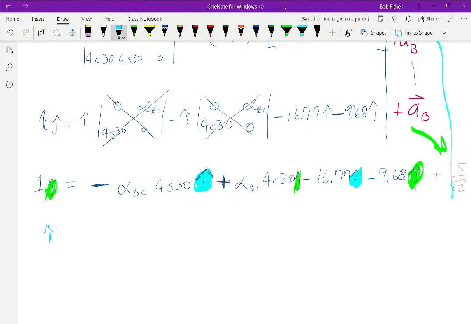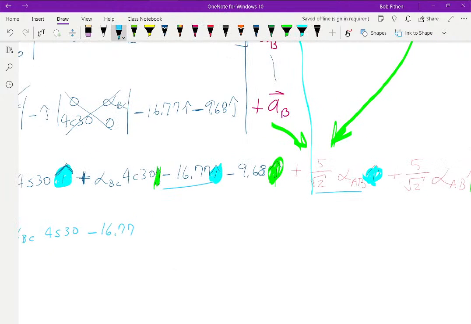So here's my I terms. On the left I have 0. Then I have minus, well, I'm going to go ahead and do it this way. Alpha BC 4 sine of 30. Looking for the next blue: minus 16.77. Next blue: plus 5 over square root of 2 alpha AB.